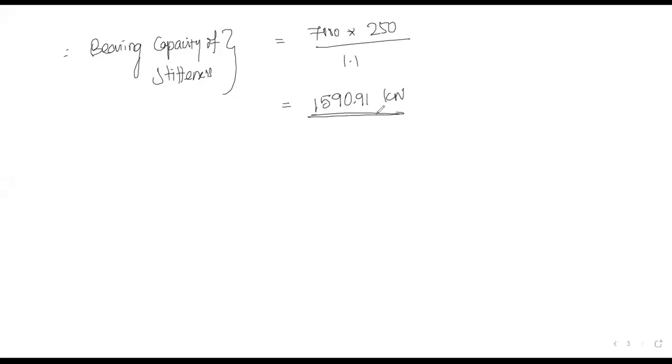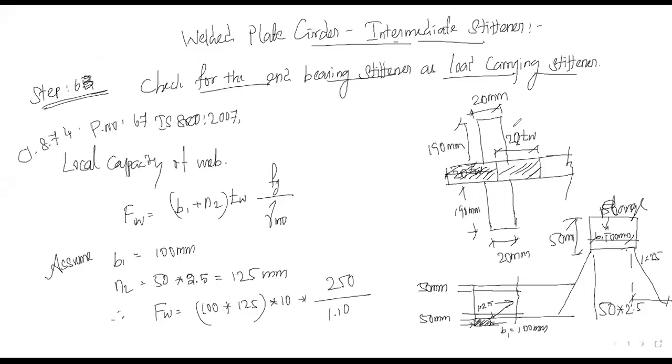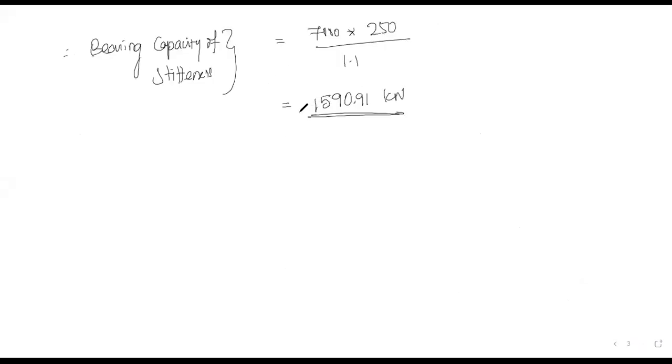So this is my bearing capacity of stiffener. Actually I need to design the stiffener to withstand 1396 kilonewton alone. The bearing stiffener I have provided, 190 by 20 mm, will resist 1591 kilonewton, which is greater than the 1396 required. So it is safe.